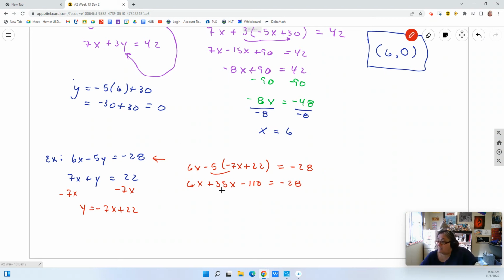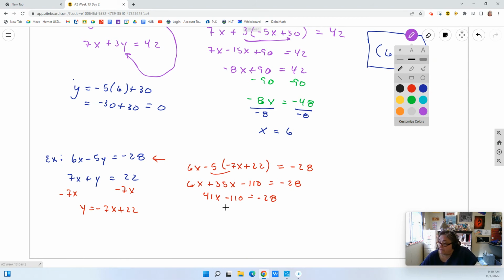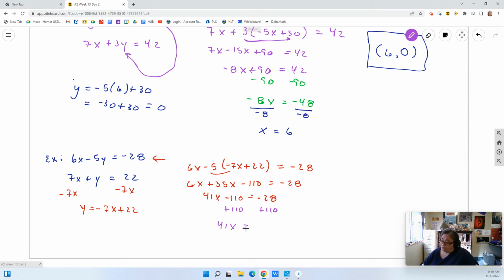I can start 6x plus 35x is 41x minus 110 equals negative 28. I can add 110 to both sides, plus 110, plus 110, and I would get 41x equals, I'm counting on my fingers, 82.